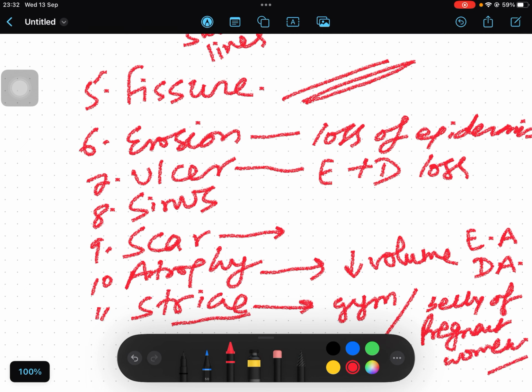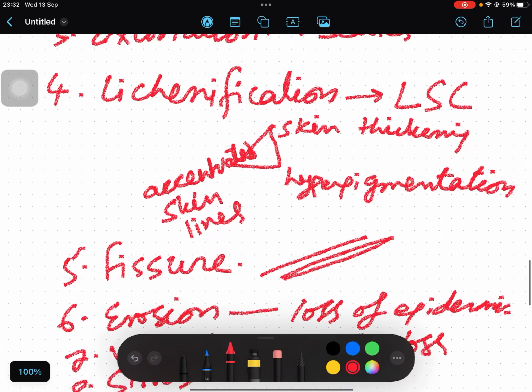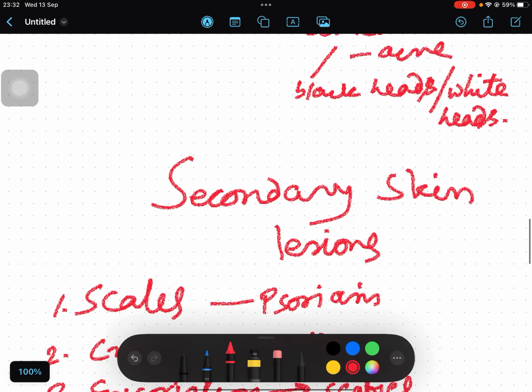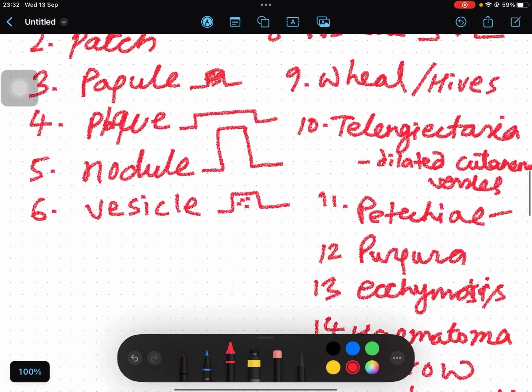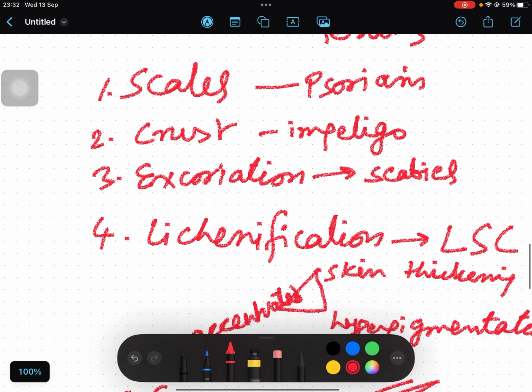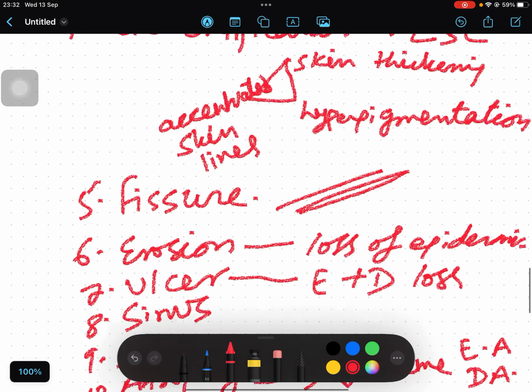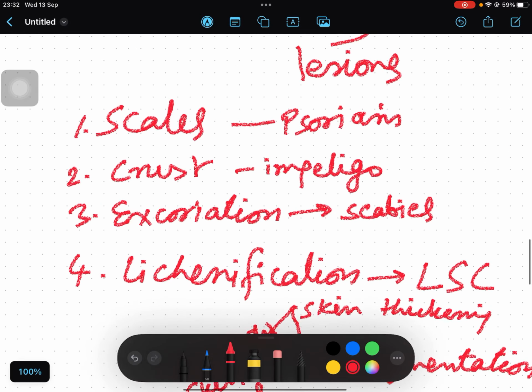So these stria also may be of various types. So this is our discussion here. So the skin lesions may be primary or secondary, and we have 16 different types of primary lesions, and the rest 11 types are secondary lesions.